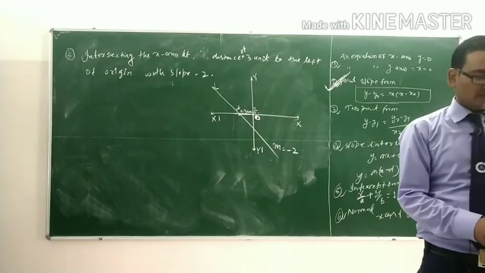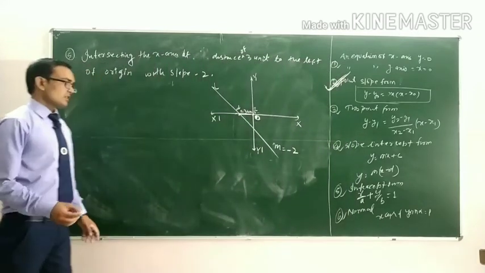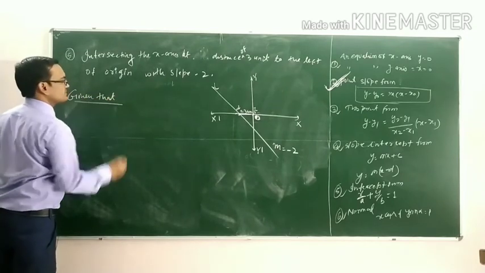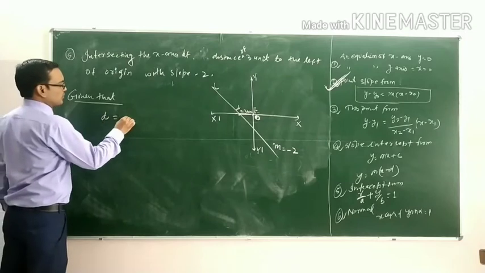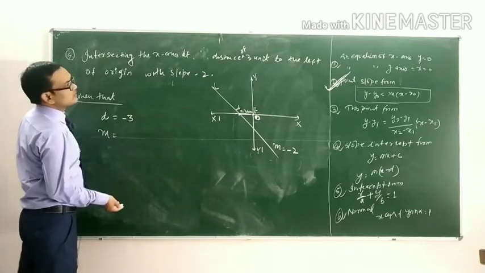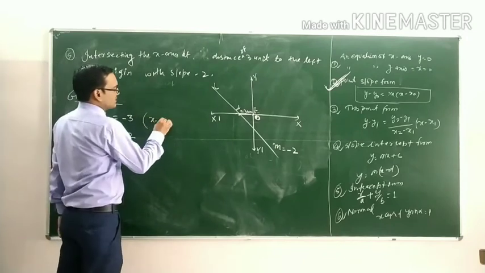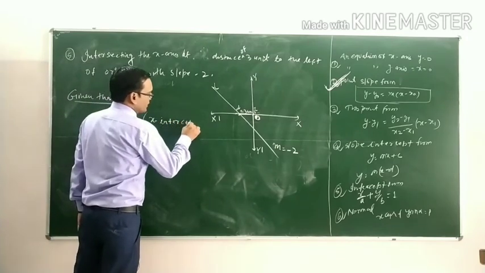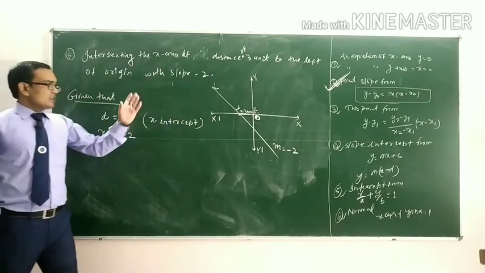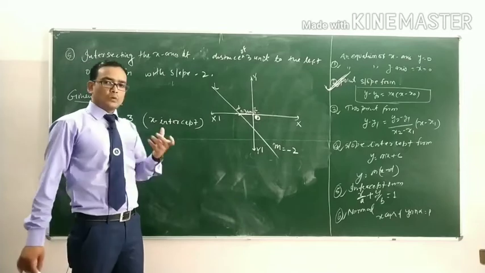Okay students, given that d equal to -3 and m equal to -2. The x intercept is -3 units, that means 3 units to left of origin.